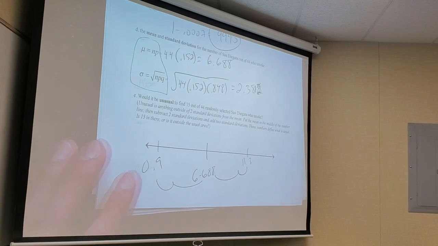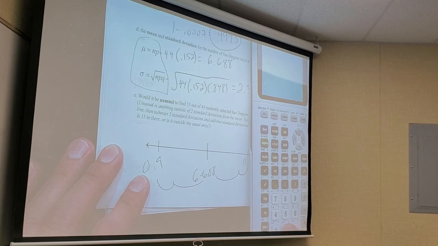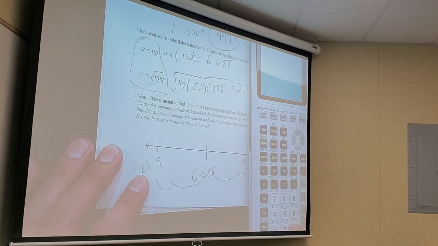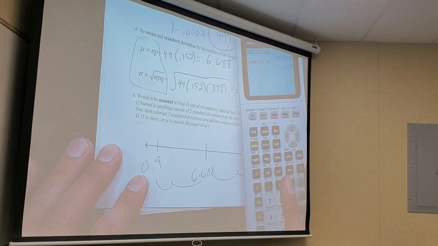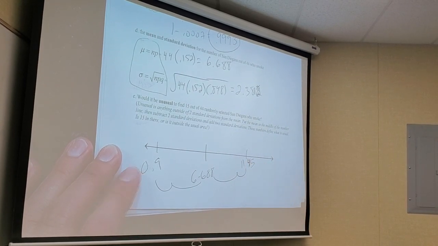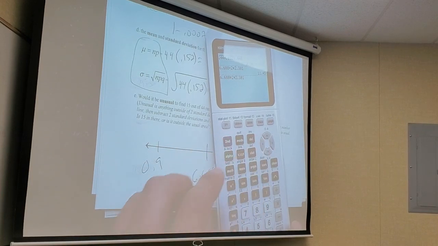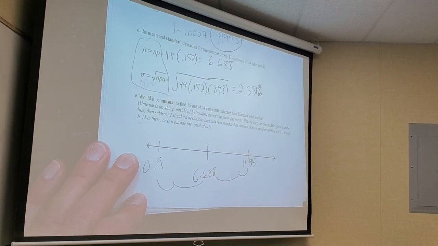So all I'm doing is taking 6.688 and adding 2 of these. So it's 11.45, so I was close. I was just trying to do it in my head real quick. 11.45, and if I do 6.688 minus that, I get 1.926.